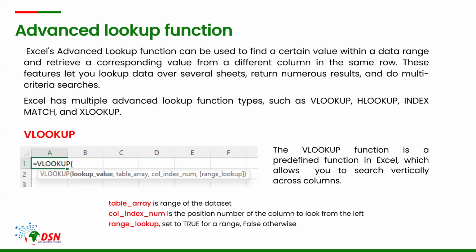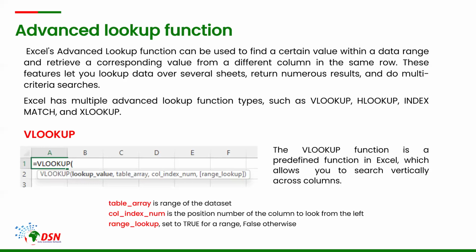So the first thing you do is enter the value you want to look up, then you enter the range of your table. Once you enter the range of your table, Excel automatically understands that you are doing a vertical lookup. The heading of your table is going to give it an index: the first column will be 1, the second column will be 2, the third column will be 3.